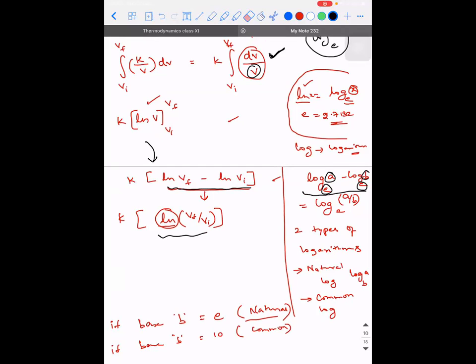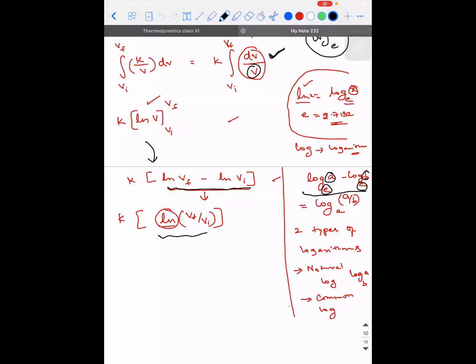Okay. So the last question that I asked you here is, the logarithm that I've written is in terms of natural or common?